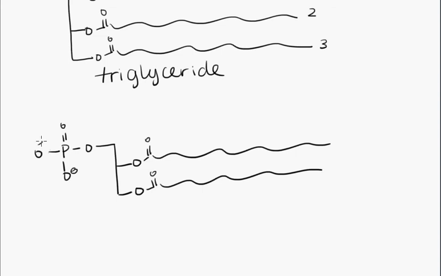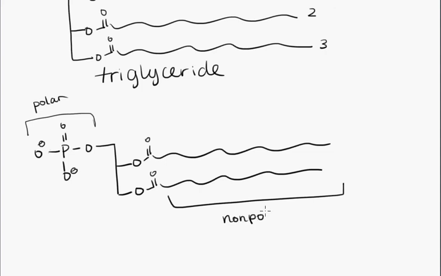And we see this charge on these oxygens. This part is really, really, really polar. And this part is really, really, really nonpolar. And so we're going to see this in the membrane. So this is a phospholipid. So it's named phospholipid because it's got a phosphate head.